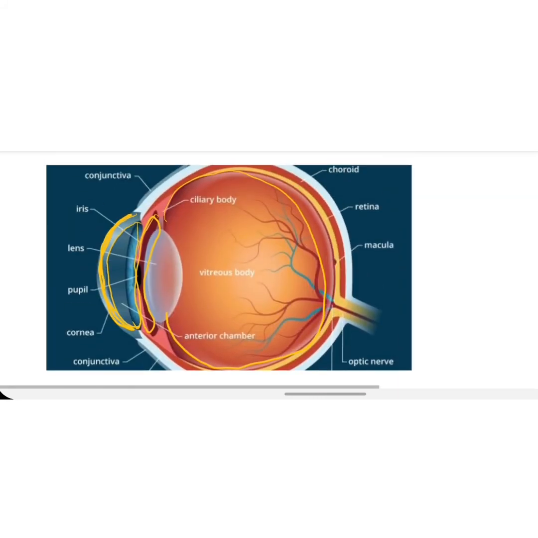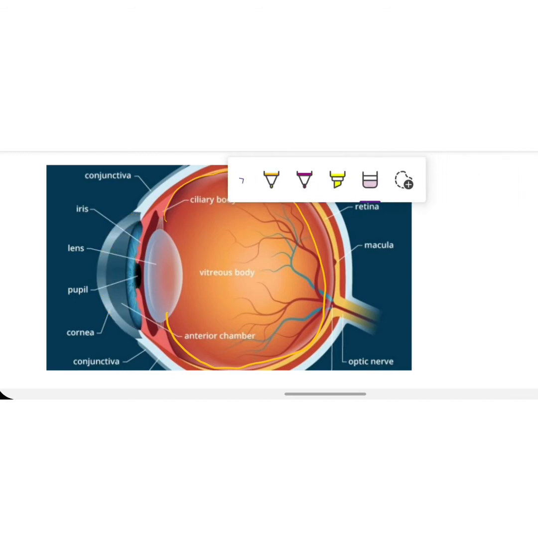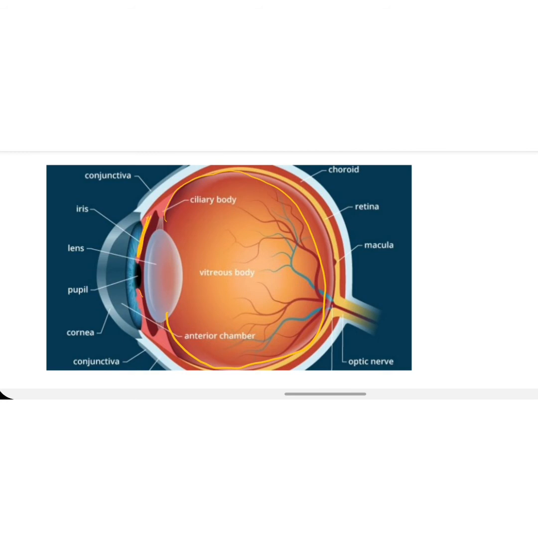Now this one is our cornea. Then here we have our iris. This one is the pupil.